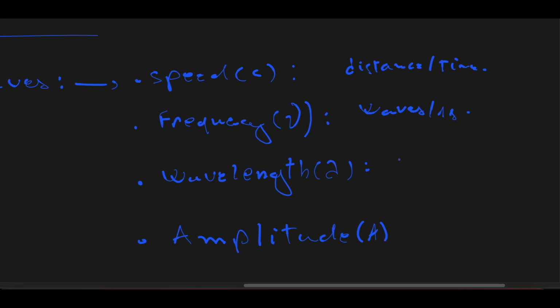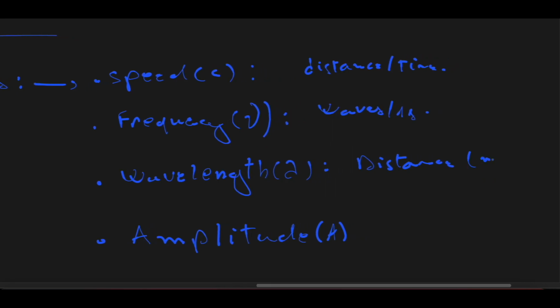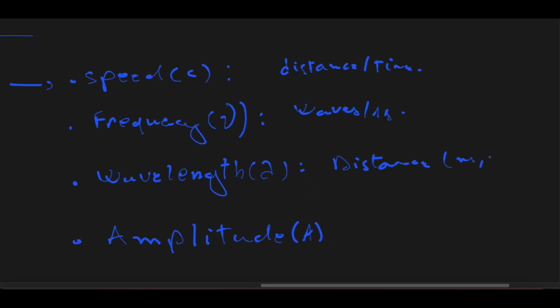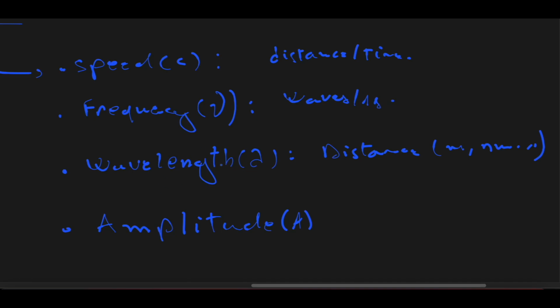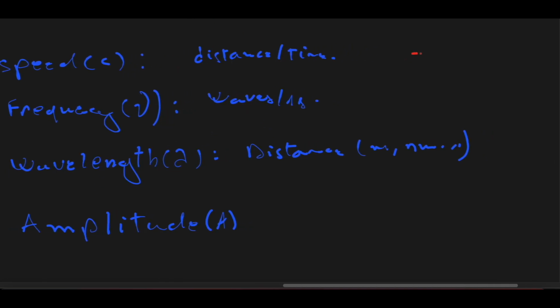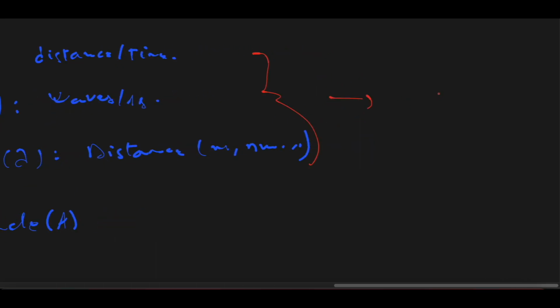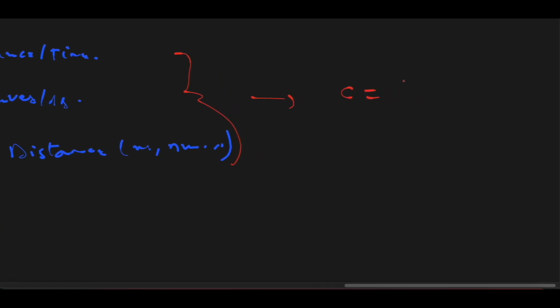So the wavelength is the distance between two identical points, given in meters, for example, or in another distance unit, for example nanometers, and so forth. These three quantities, the speed, the frequency, and the wavelength, are linked by this expression: c is equal to lambda times nu.